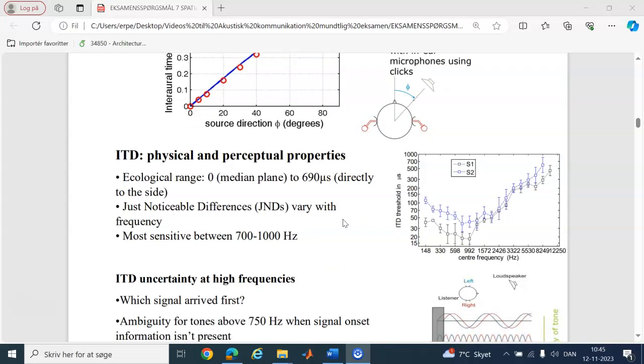In the horizontal plane, the range is from 0 to 690 microseconds. Just noticeable difference. The JND varies with frequency. Most sensitive between 700 and 1000 Hz.